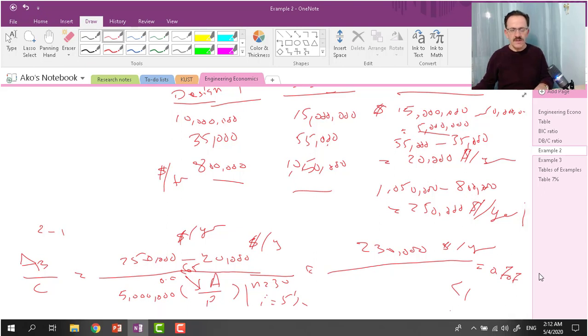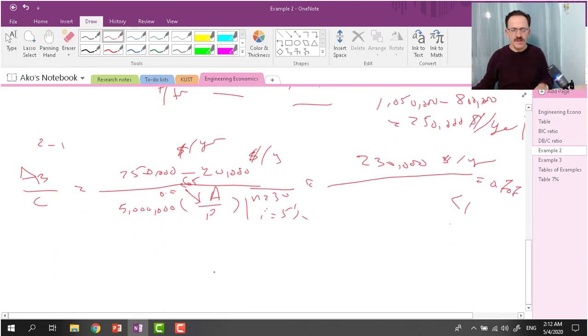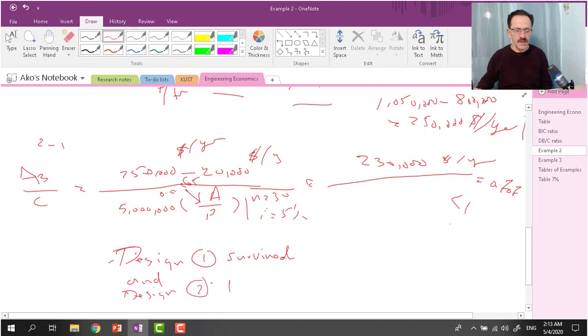This will give you an indication that we have to terminate, so it means the option design 1 will survive, and design 2 is terminated.